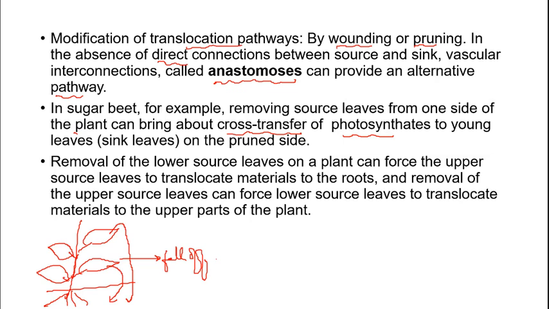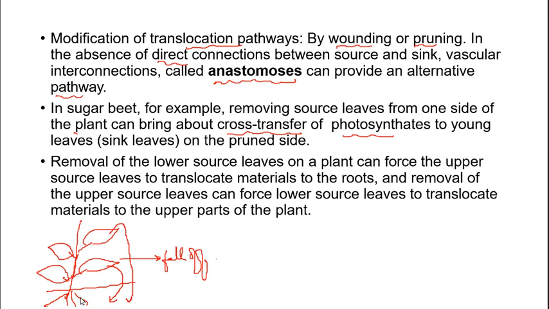So if these leaves are removed, which used to translocate the solute to the upper side of this region only, then the leaves on the other side will translocate the solute to the upper side.